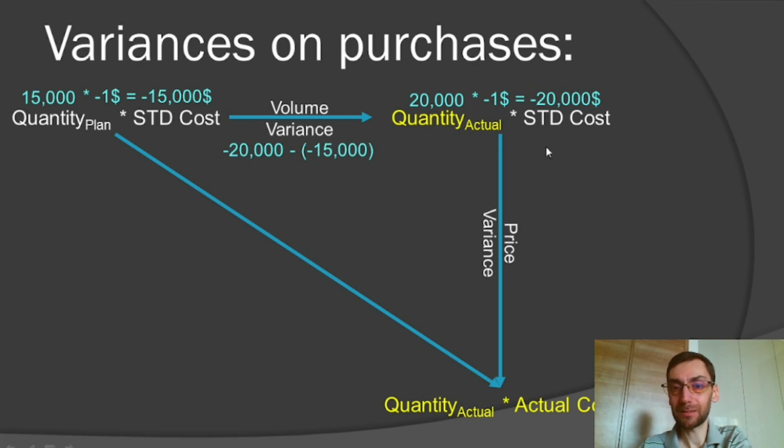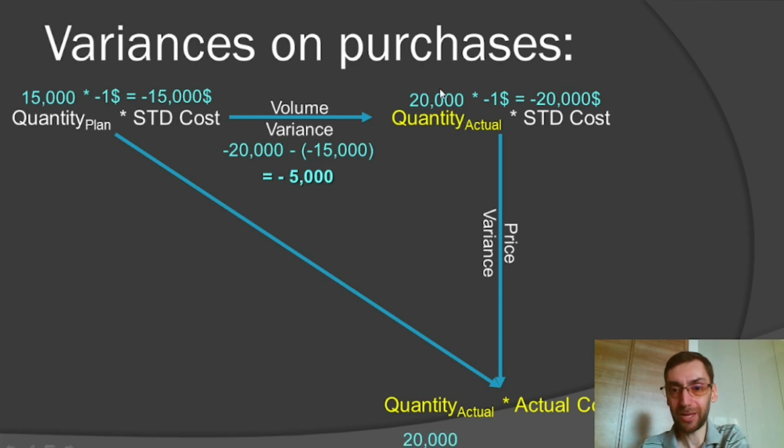It's always where you end up compared to where you came from, right? So minus where you came from. So it's minus $20,000 that you spend here, minus the minus 15, which is minus 5,000, meaning you spend $5,000 more due to the fact that you buy more volume. Okay, it makes sense, right? If you buy more, you pay more. That's quite logical.